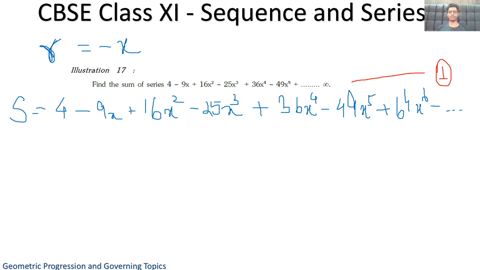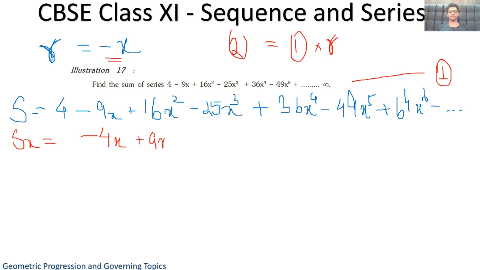Then we'll generate a new equation, equation 2, which is nothing but the multiplication of equation 1 by this factor r. So Sx, that is equation 2, if we multiply by minus x, and push each of the values one step ahead, we have minus 4x, then 9x square, then minus 16x cube, then plus 25x to the power 4, then minus 36x to the power 5.